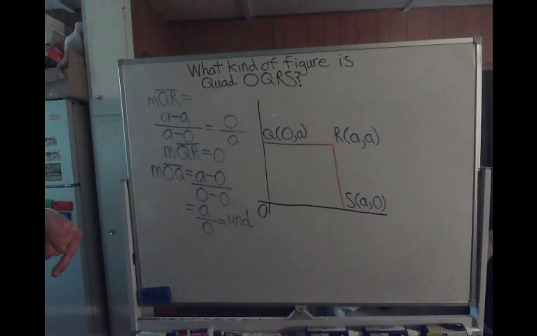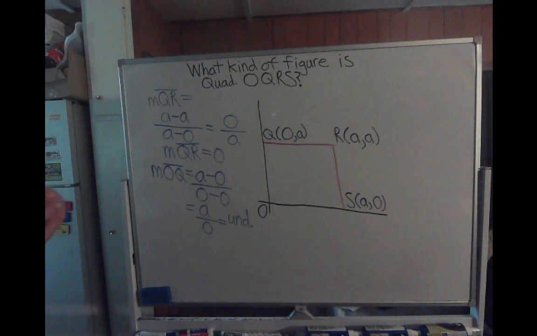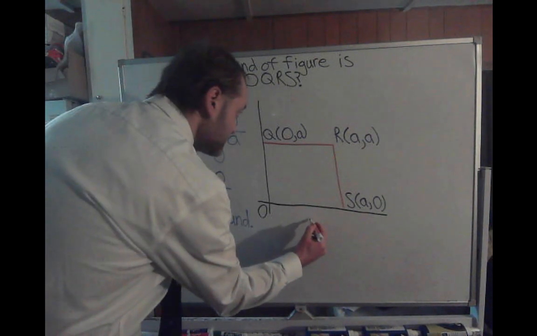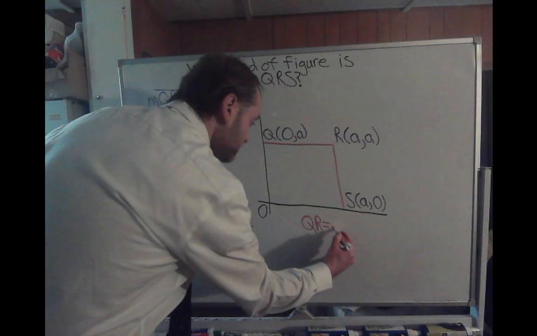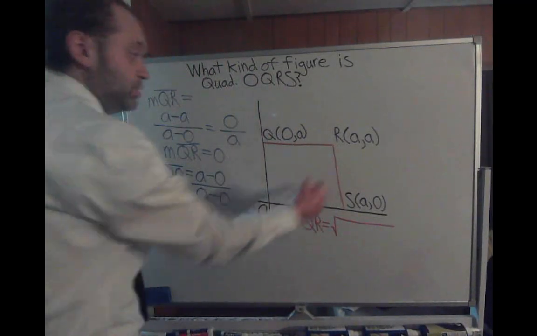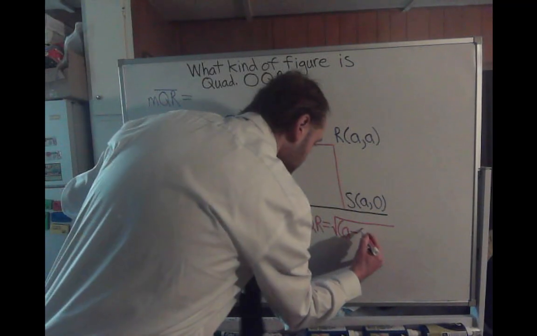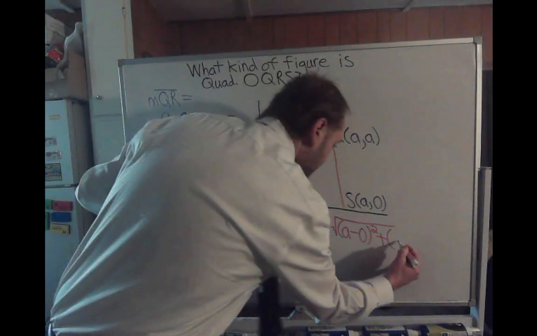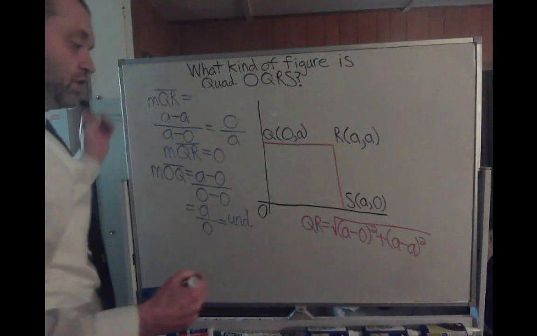So in other words, you're going to want to find the distance between points to find the length of each side. So why don't we find the distance from Q to R? That's going to be the square root of your x2 of A minus your x1 of 0, squared, plus your y2 of A minus your y1 of A, squared.